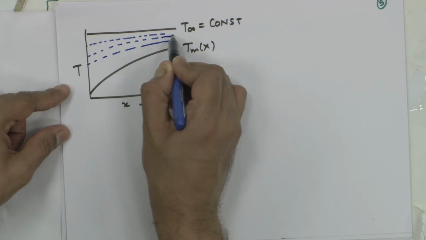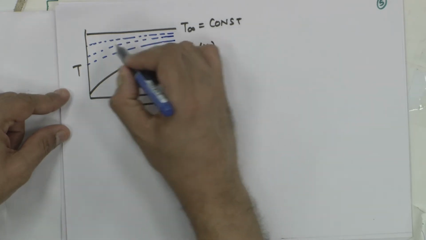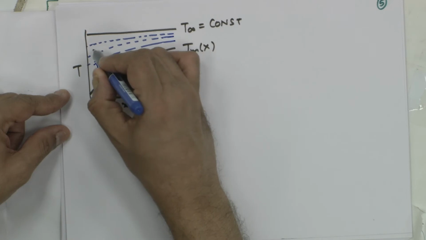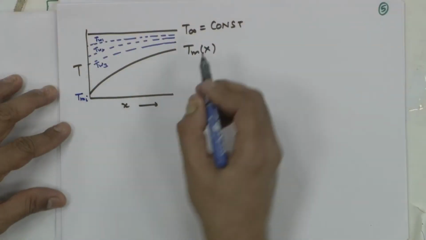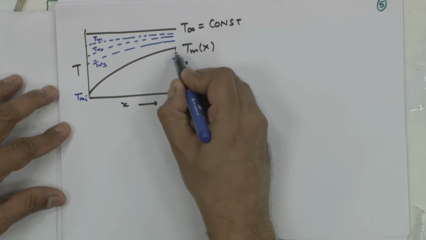These would be the intermediate temperatures. So, TW3, TW2, TW1. I do not know what the nature would be, but there would be something in between these two. So, this is T bulk mean inlet, this is T bulk mean exit, this one.